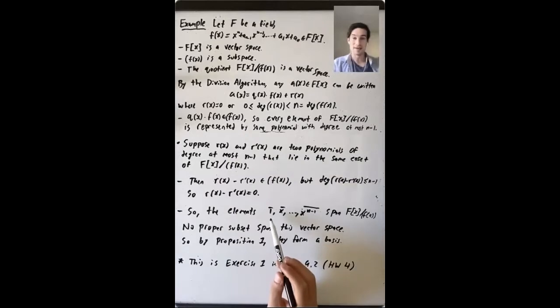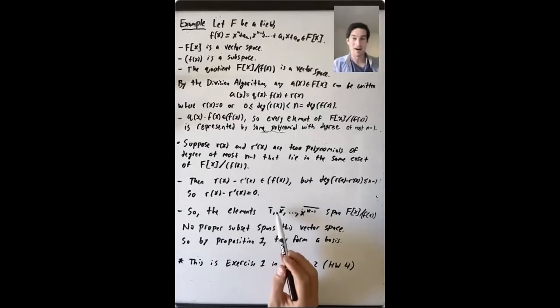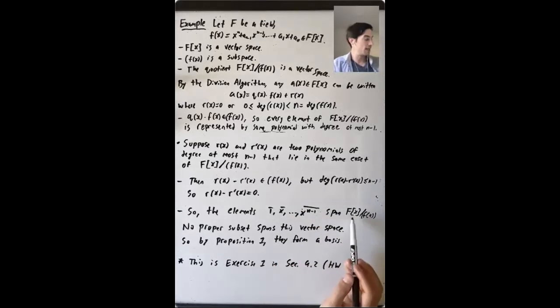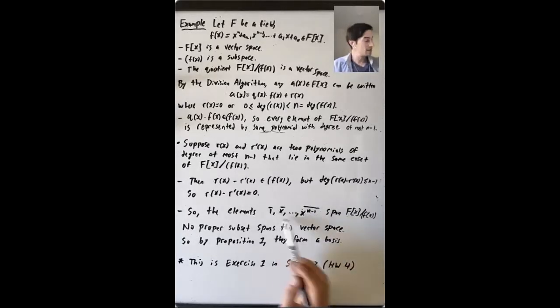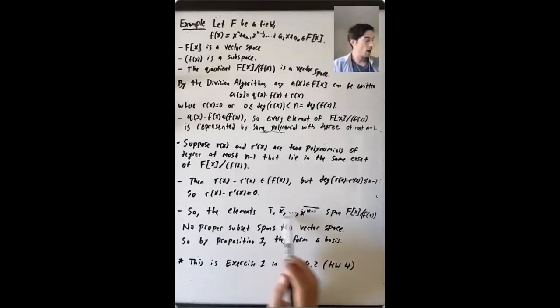So what does that mean? The elements 1, x, x squared, up to x to the n minus 1, where this bar denotes that we're taking the element in F[x] and looking at its image in this quotient, these elements span this quotient space because every element of this quotient space is a linear combination of these elements.